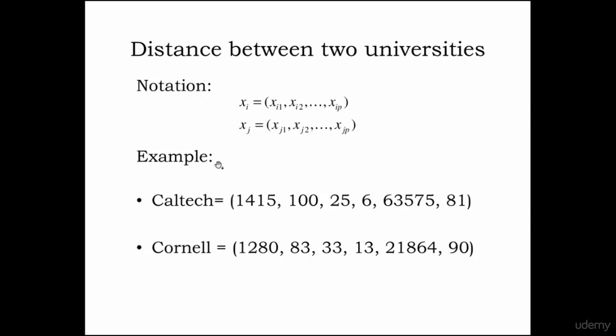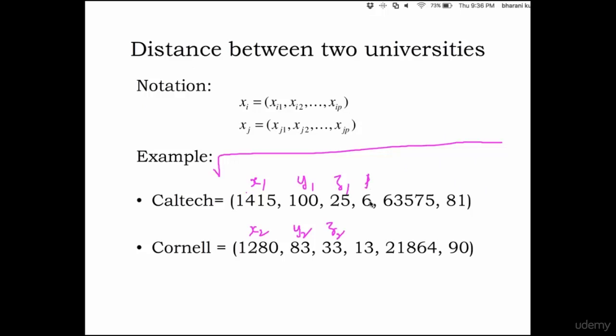Euclidean distance, square root of, say this is your x1, x2, y1, y2, z1, z2, p1, p2, q1, q2, and r1, r2. So how do you find out the distance?